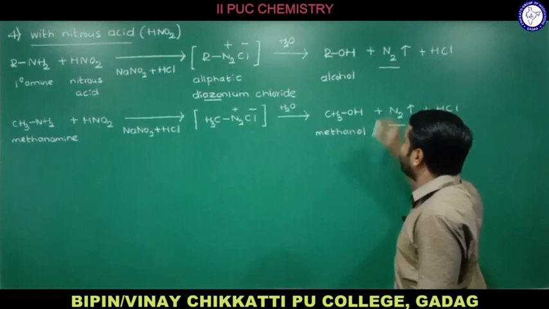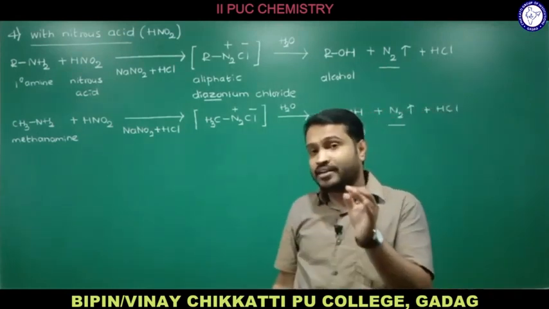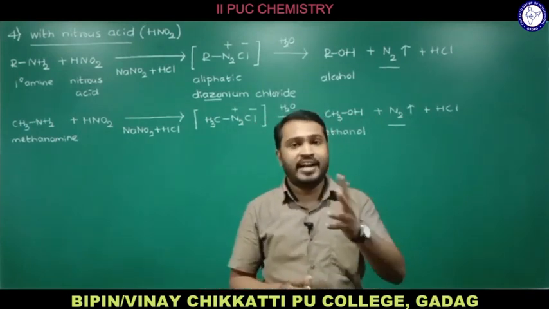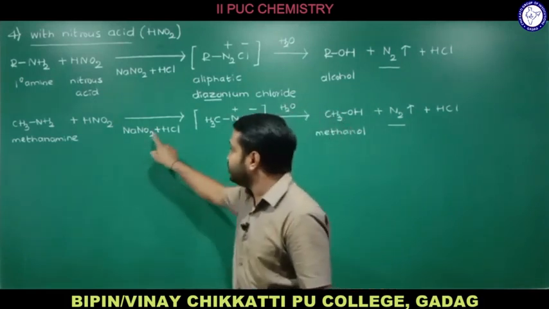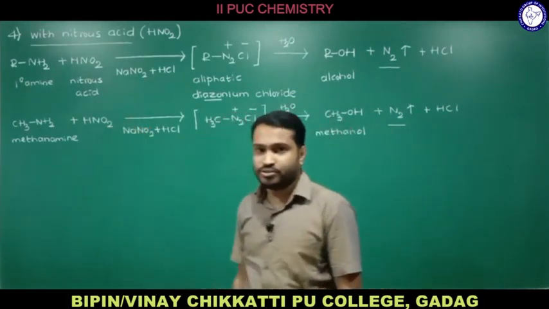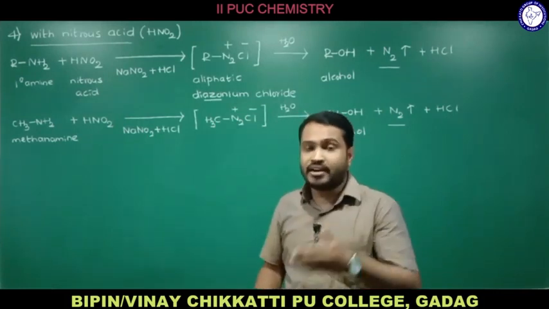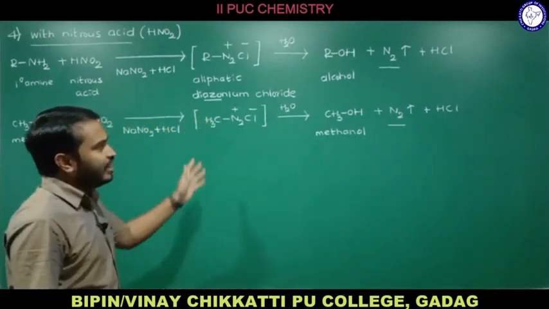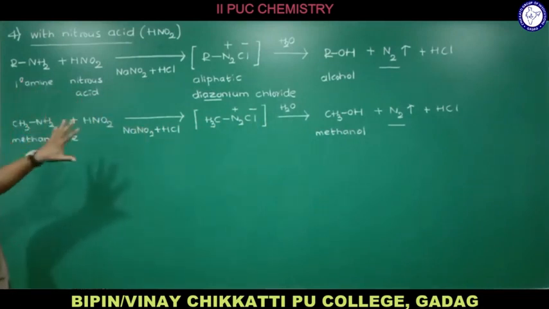And nitrous acid is formed by taking the mixture of NaNO2 and HCl, sodium nitrite and hydrochloric acid. That nitrous acid reacts with the primary amine, we get the respective unstable diazonium salt, and later the respective alcohol.